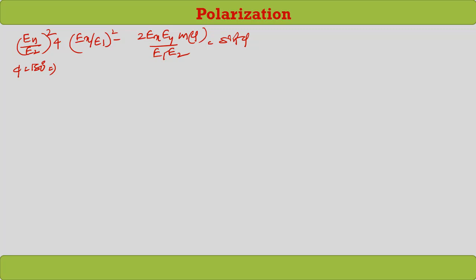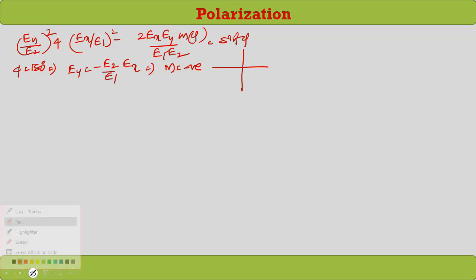So the final equation will be like this: Ey is equal to minus E2 by E1 into Ex. That means slope is negative. Slope is negative means all the previous cases will be available with the negative slope. With the negative slope means in the second and fourth quadrants the line will be available.